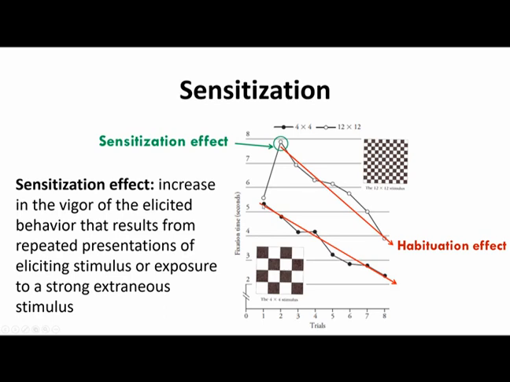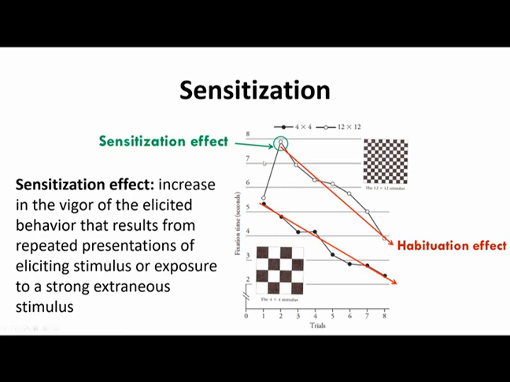For the simple stimulus, their looking time, so how long they fixate on that particular stimulus, goes down right off the bat, but our more complex stimulus showed this weird little increase in fixation where they stared at that more complex pattern for just a little bit longer for the first couple of trials. And so this increase in fixation, that increase in the behavior that we're looking at, would be called a sensitization effect.